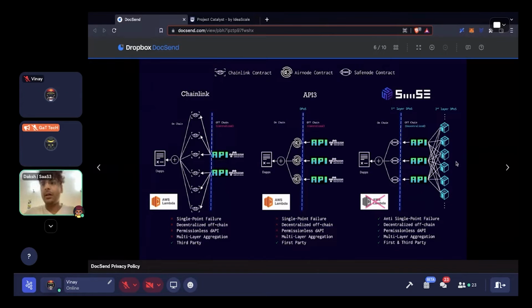So we did a research, a calculation of how profitable SaaS3 miners would be, because you need a lot of people to get one particular type of data onto the blockchain. And we calculated that SaaS3 miners would be a little more than twice as profitable compared to ETH miners.